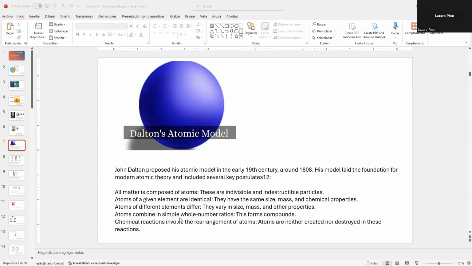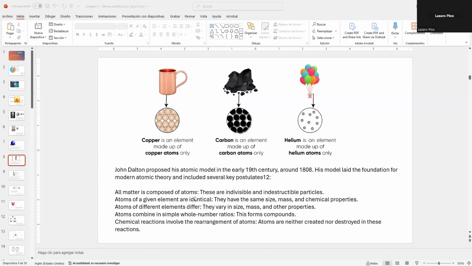Atoms combine in simple whole number ratios, and also chemical reactions involve the rearrangement of atoms. And he considered that atoms are neither created nor destroyed in these reactions. John Dalton proposed his atomic model in the 19th century.